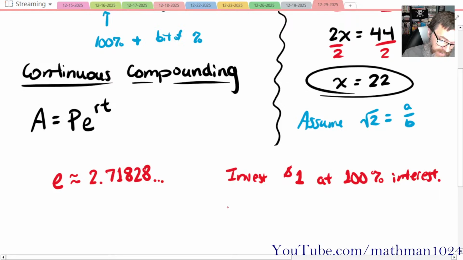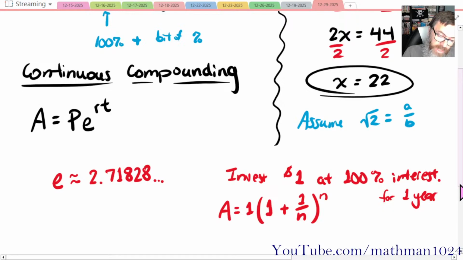Then you would have something that looks like this: your final amount is going to be $1 times (1 plus 100% interest, which as a decimal is just the number 1, divided by n) raised to the n times t. So let's do this for n, and you do this for 1 year.